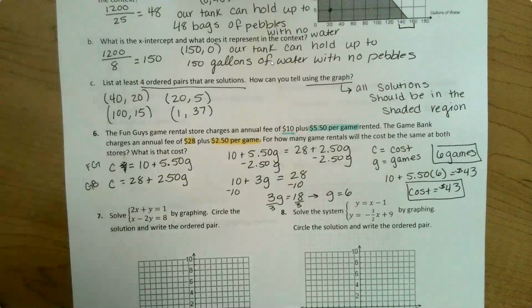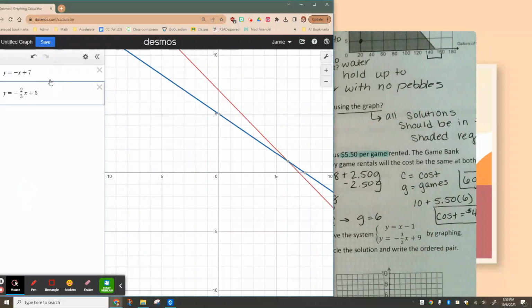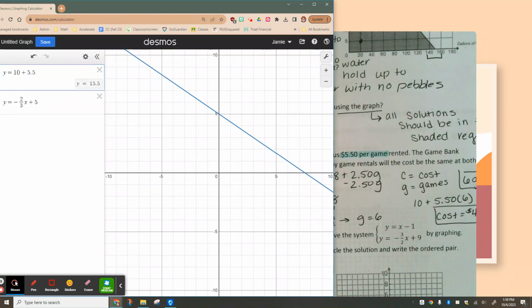All right, and again, we can check that on Desmos. So we've got y equals 10 plus 550x. Oops. Oh, shoot. Okay.